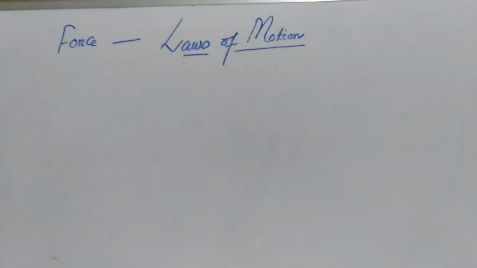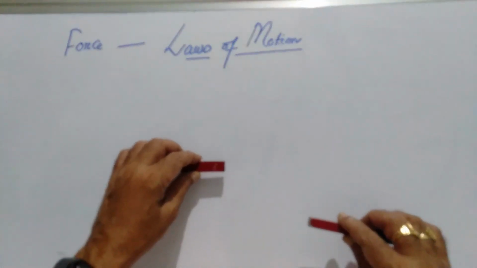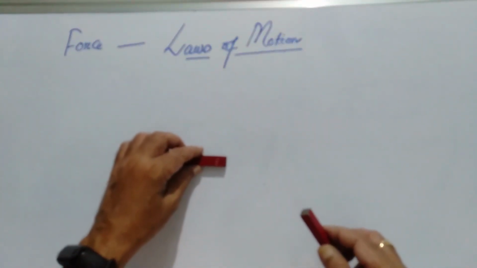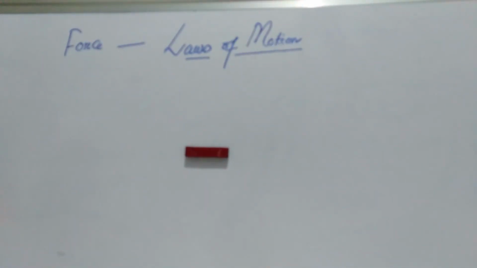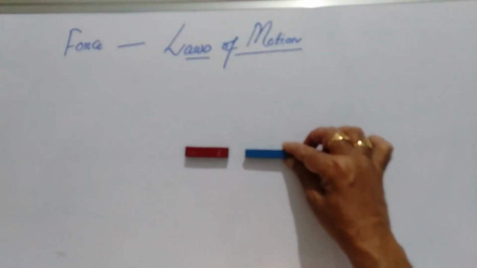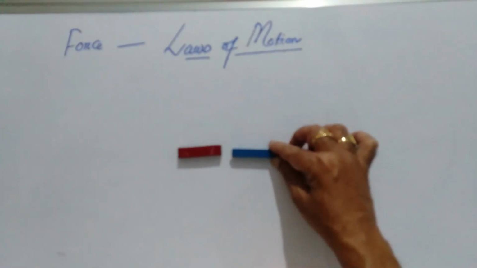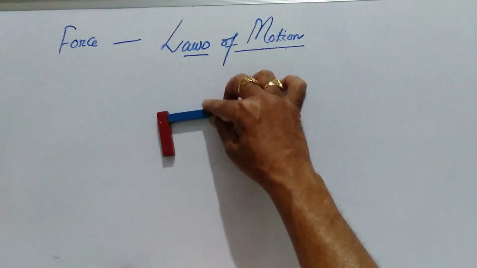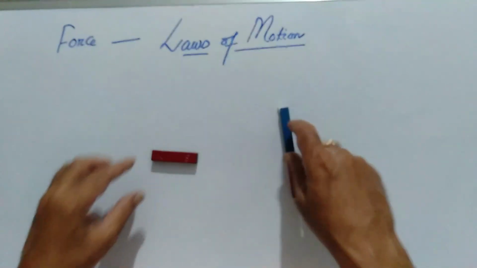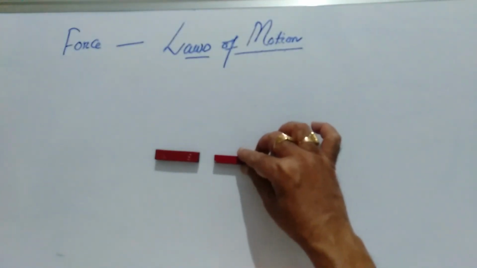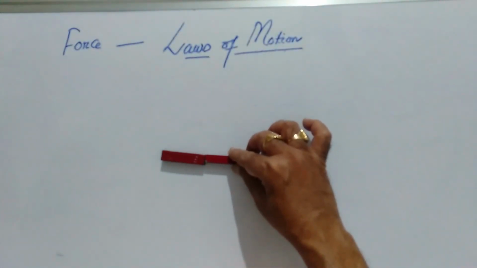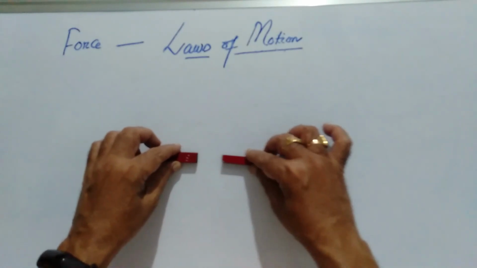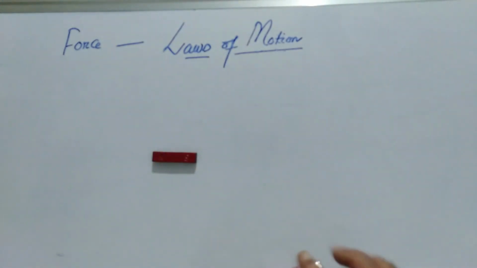There are different types of forces: contact forces and non-contact forces. Now here I have taken one bar magnet and I'll keep another bar magnet here. Now you see, without touching it, I am able to move it. Similarly, without touching, I can attract it.